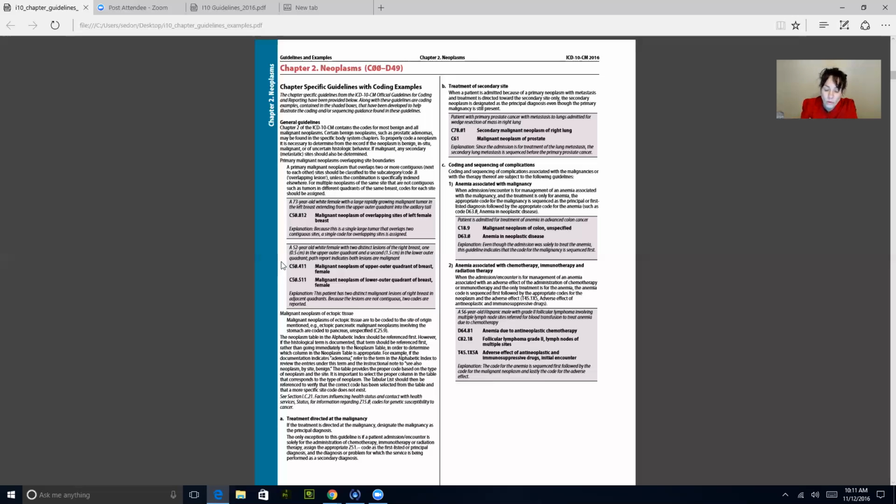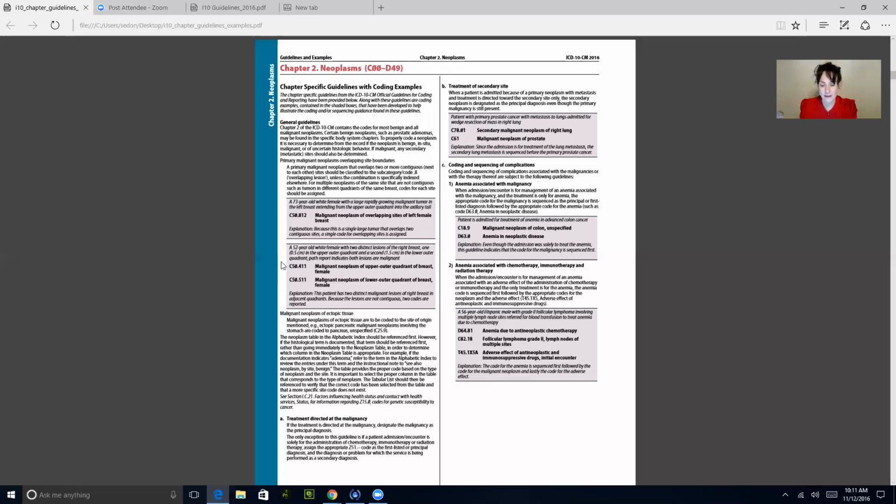And this is the only exception for this rule. So if the treatment is directed towards the malignancy, then you would designate the malignancy as the principal diagnosis, unless the encounter is solely for the administration of chemotherapy or immunotherapy. And in that case, you would code that first, which is a Z51 code, followed by the malignancy next.